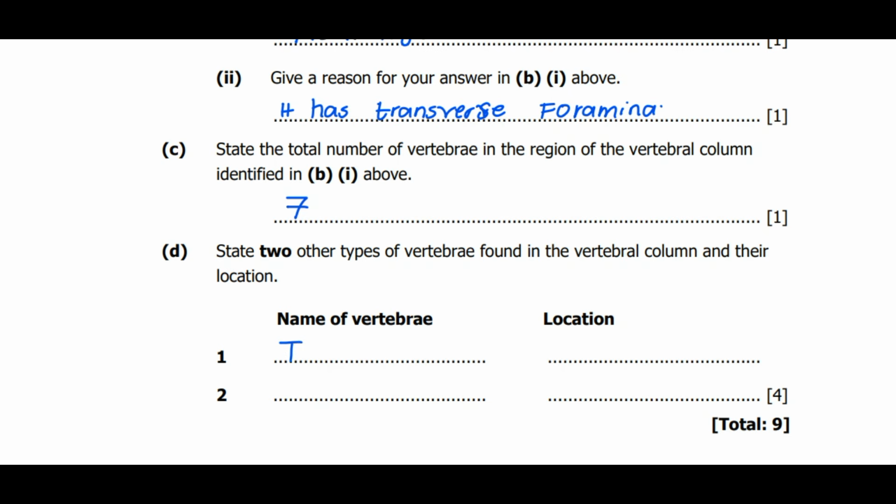We'll say thoracic, location chest region, and in number it's 12. I'm just adding this point. Then followed by lumbar, and lumbar are the strongest because they carry the heavy upper body. They are found on the abdominal region.